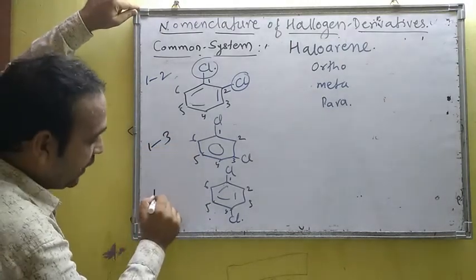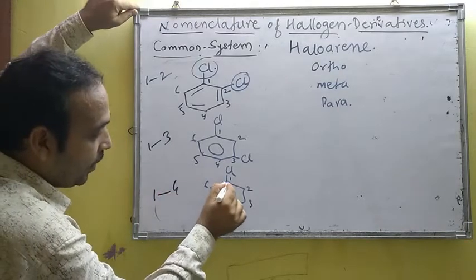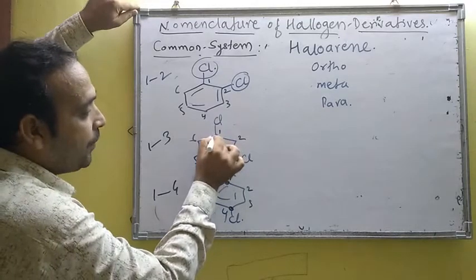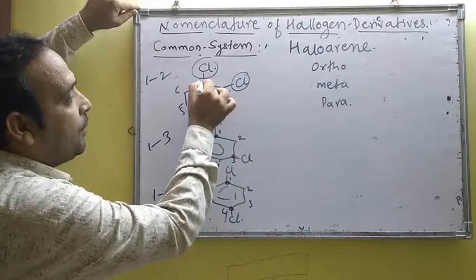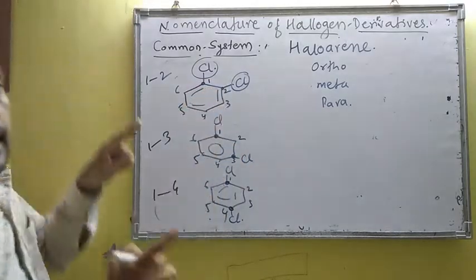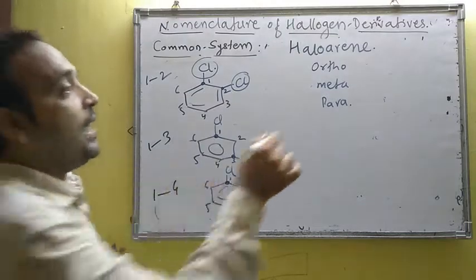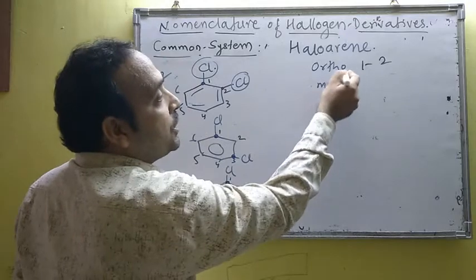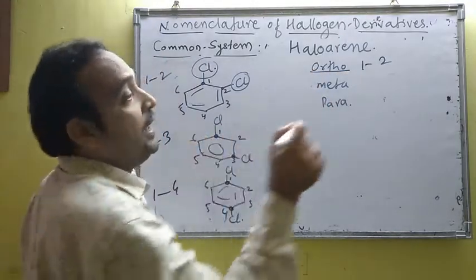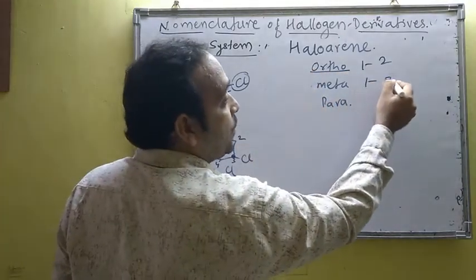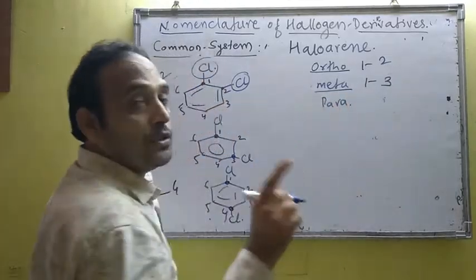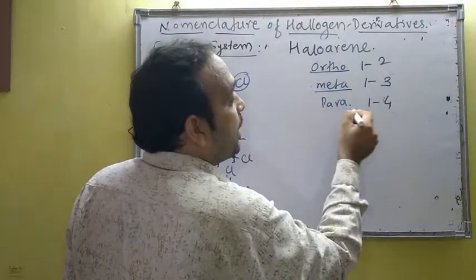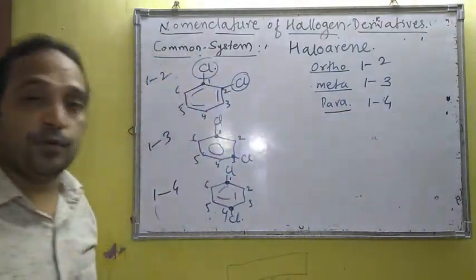Here to carbon number 1 and 4. If two functional groups are attached to carbon 1 and 2, this position is ortho. If attached to 1 and 3, this position is meta, and if attached to 1 and 4, it is para.